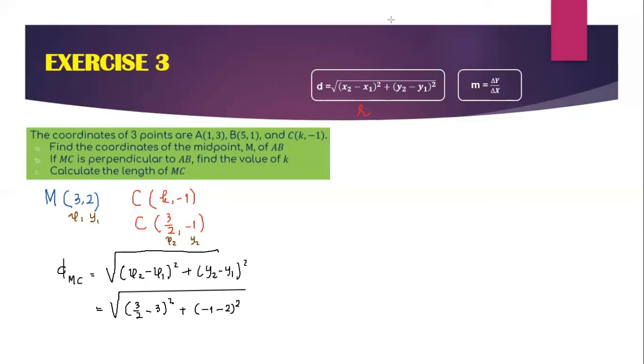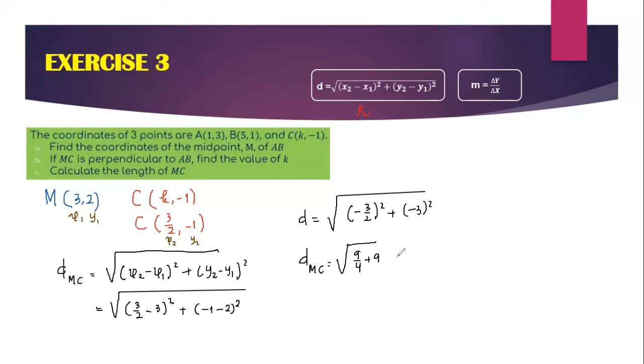Okay, we're going to continue. So D equals root of 3 over 2 minus 3, squared, plus minus 1 minus 2, squared, all in square root. Next, distance MC equals root of 9 over 4 plus 9.